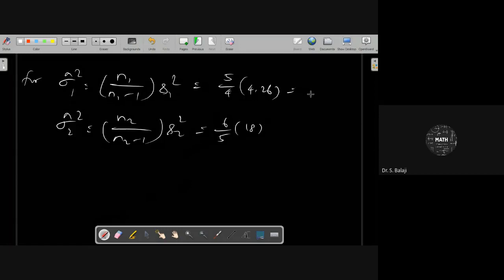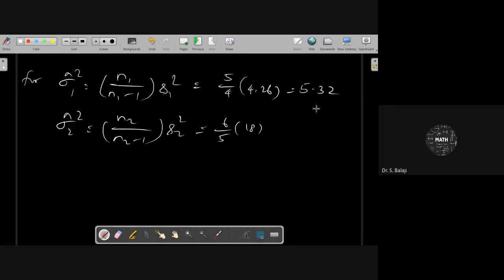Can you give sigma 1 cap square? 5.32. Yes, sir. Sigma 2 cap square? 21.6. Right? Now sigma 2 cap square is a greater value than sigma 1 cap square here.